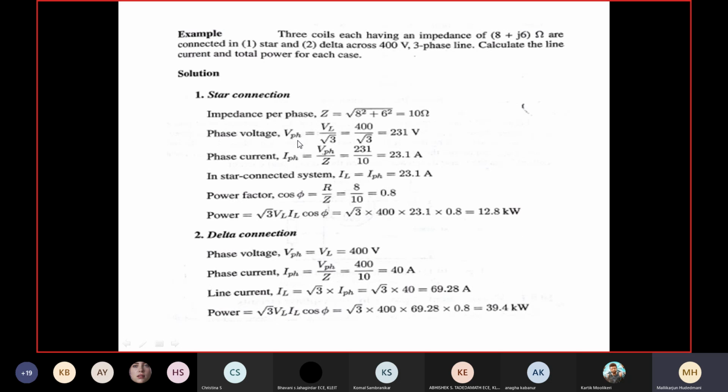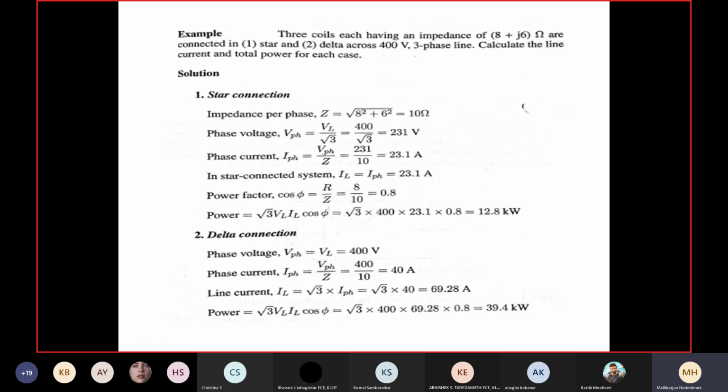Then immediately the step I have to do here: current phase IPH equal to VPH divided by Z, which is 400 divided by 10 equal to 40. Can you relate here? Current here is 23.1, current here is 40. So is it making a difference? Definitely.